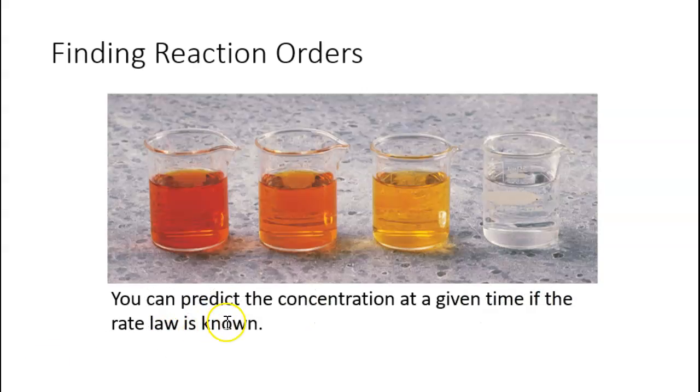The way that we actually find these orders is by testing a reaction at different times. So you can see here the evolution of color in a given chemical reaction. Presumably these are reactions that were started at different times. This reaction was started first, and it's been going longer, so the color has gotten most intense in this one on the left.